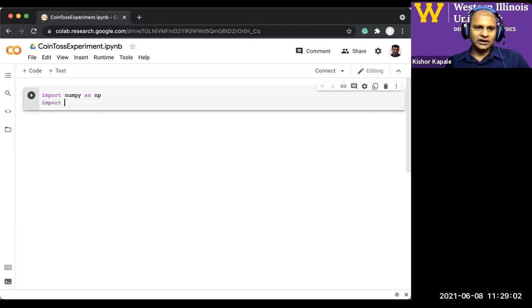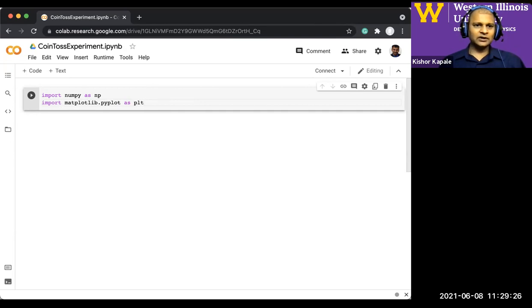So I'm going to say import, and there is another mathematical plot library that Python provides. So we need to load that as well. So it's matplotlib pyplot, and I'm going to call it as plt. So just a short name for that.